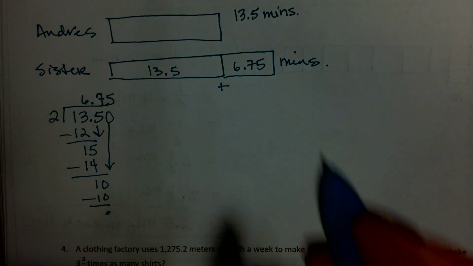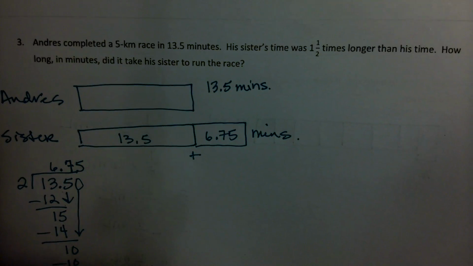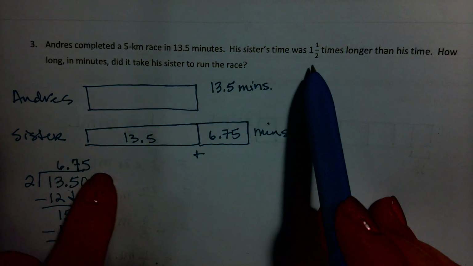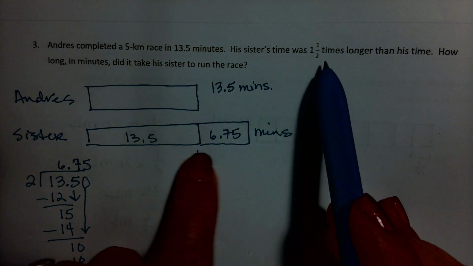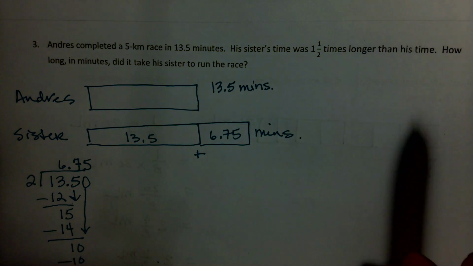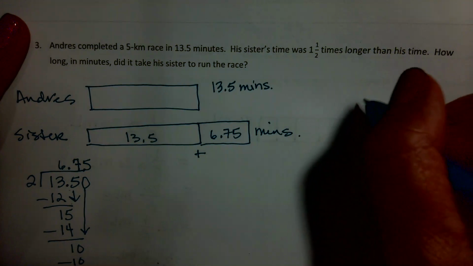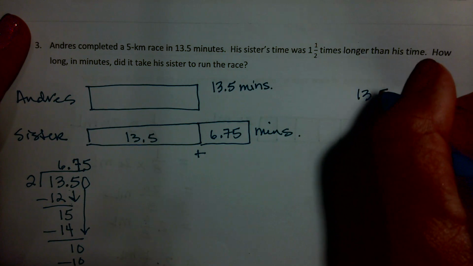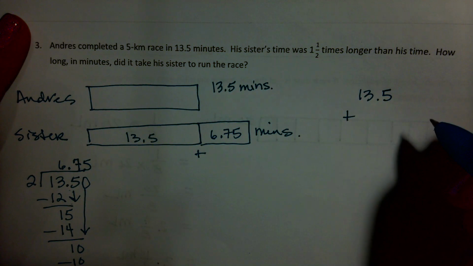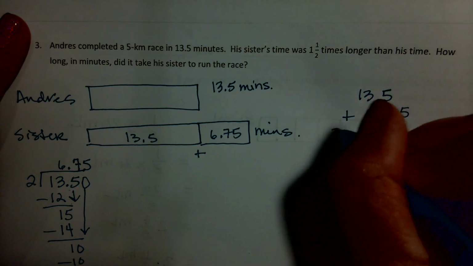So Andreas completed a 5-kilometer race in 13.5 minutes. His sister's time was 1.5 times longer than his time. How long in minutes did it take his sister to run the race? So simply 13.5 plus what? 6.75 minutes.